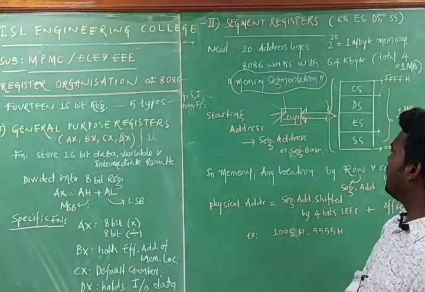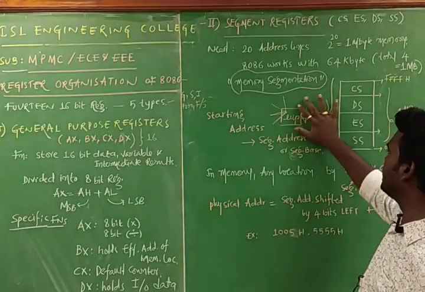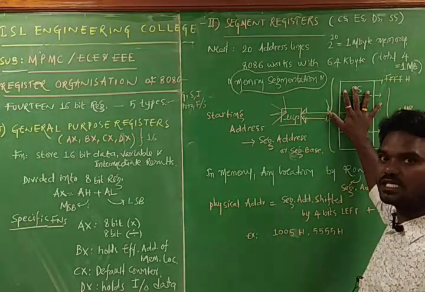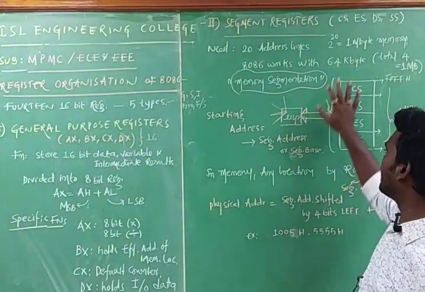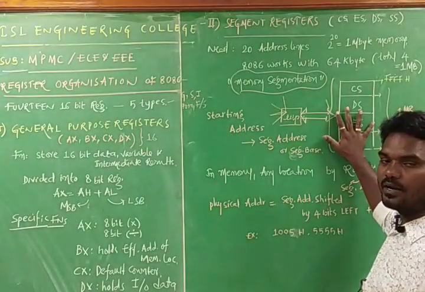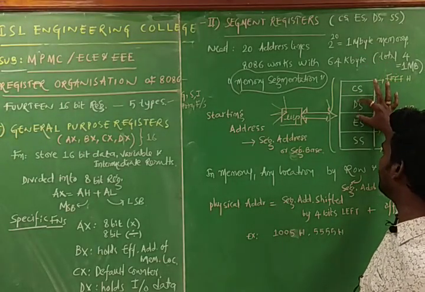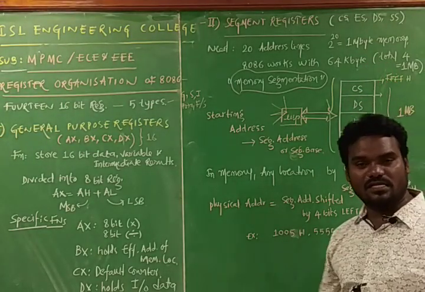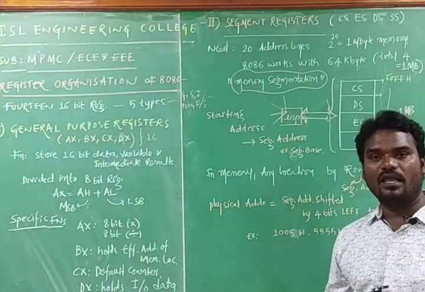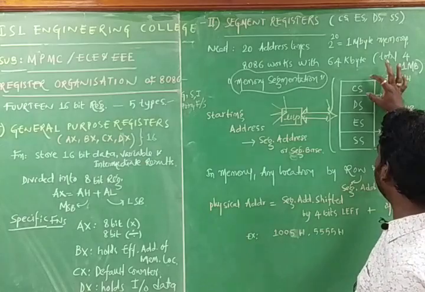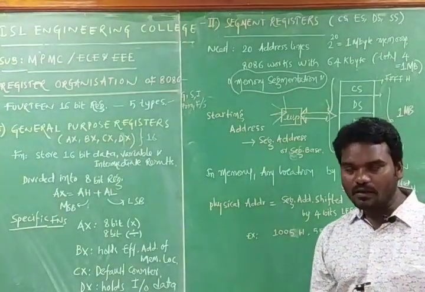The processor is interfaced with the external memory, but in a given time it cannot access the total 1 megabyte of memory. It can access a maximum of only 64 kilobytes in a given time. Either this one, or this one, or this one at a time.